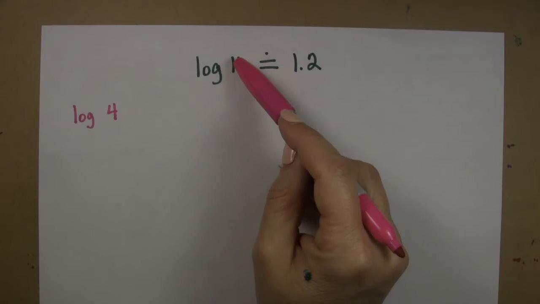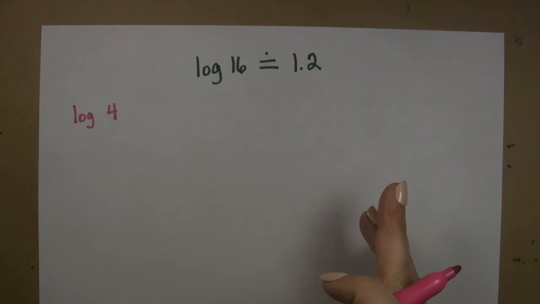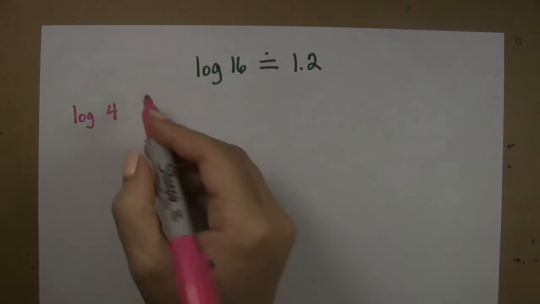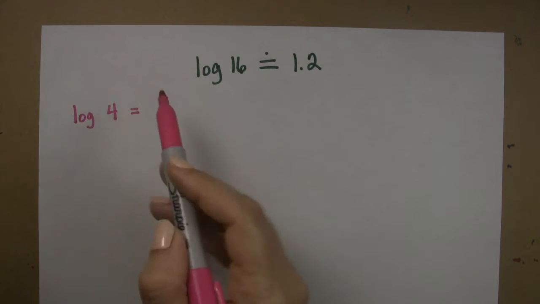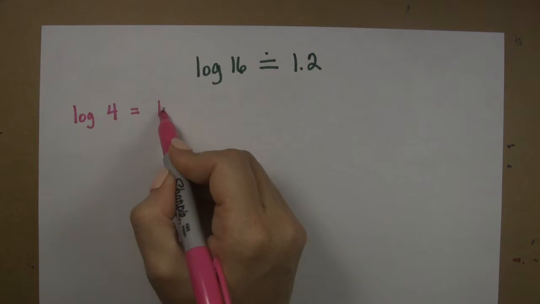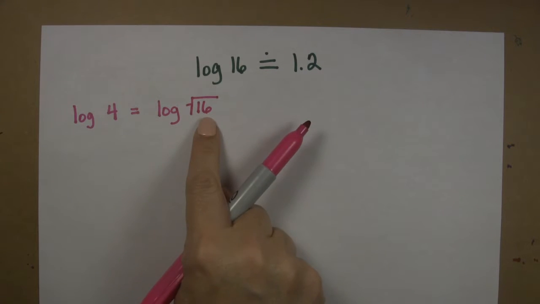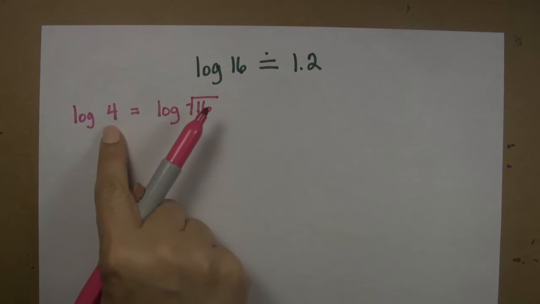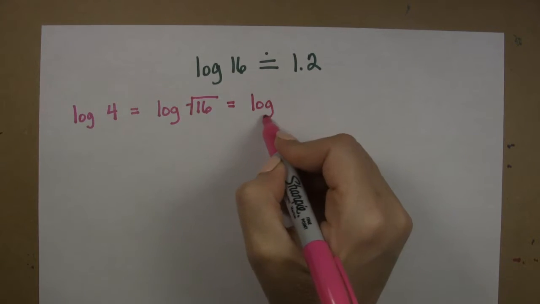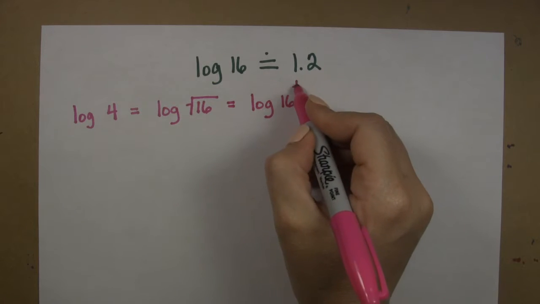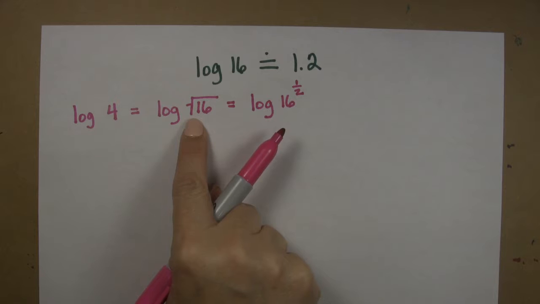Well, how do we go from 16 to 4? And remember, we're only allowed to use exponents and square root signs. So to go from 16 to 4 using an exponent or a square root sign, I would say the log of the square root of 16, because the square root of 16 gives me 4. So that is the log of 16 raised to the 1/2, because that's what our principal square root sign means.